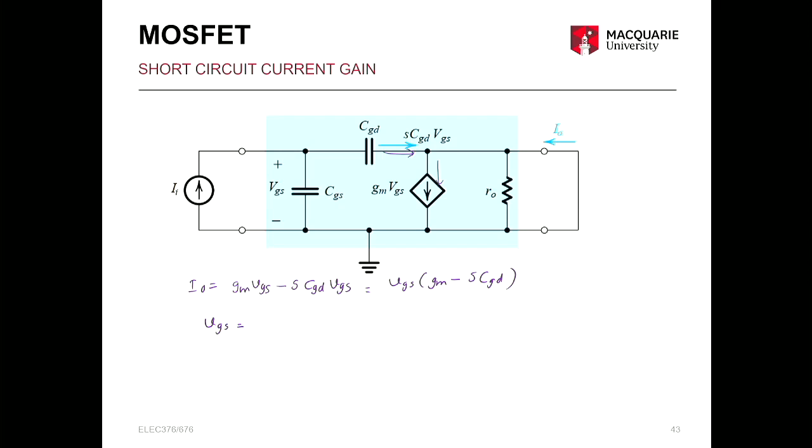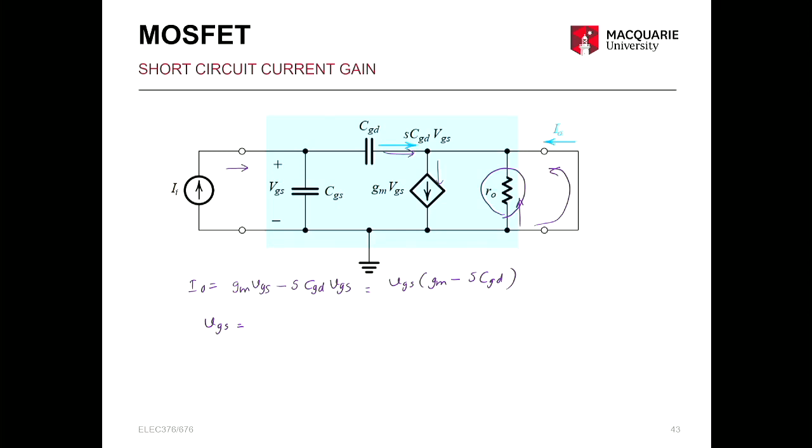What is VGS? VGS is the input current times all these impedances here, right? So ro doesn't come into this picture because there is a short circuit across ro, so no current will go through ro. Everything will go through this path.